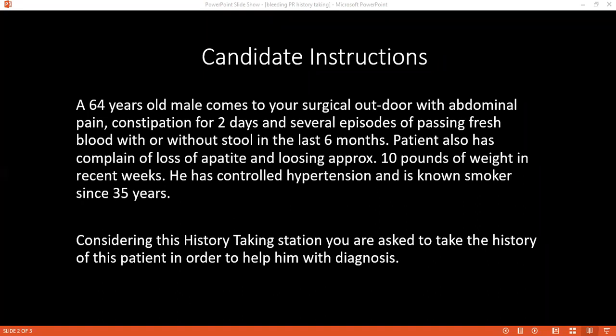Is the pain in your back passage or in your tummy? Doctor, I have pain in my tummy too. Where specifically in your tummy? Doctor, it was present in the lower part, slightly towards the left side.